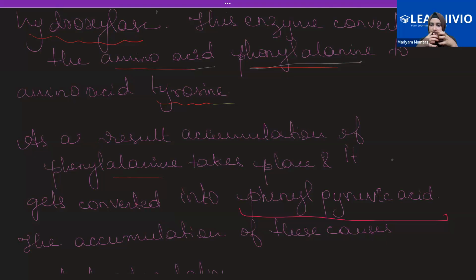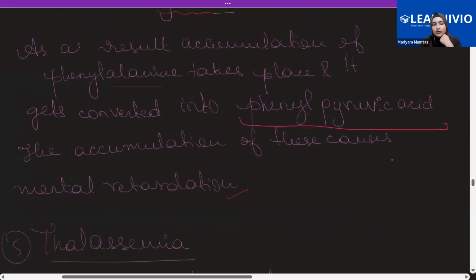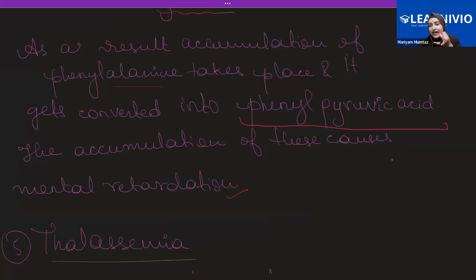And the accumulation of phenylpyruvic acid now causes all of the phenotypic expressions that we saw: mental retardation, reduction in hair and skin pigmentation. All of these problems come along because the absence of the enzyme phenylalanine hydroxylase is itself an abnormality, a disease. Other than that absence, there are three other things that happen. That is why we took this as an example of pleiotropy.